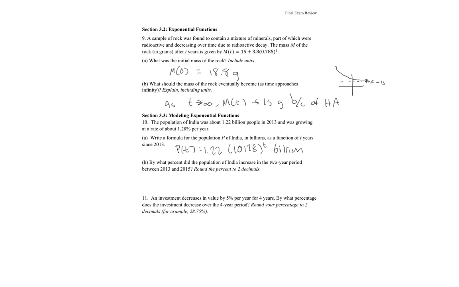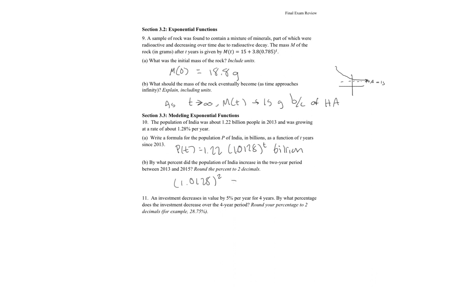And then it asks in part B, by what percent did the population of India increase in the 2-year period between 2013 and 2015? So we'll just plug in 2 for our t, because that's 2 years, right? And then we'll take 1.0128 to the second power, because that'll be our growth between those 2 years.